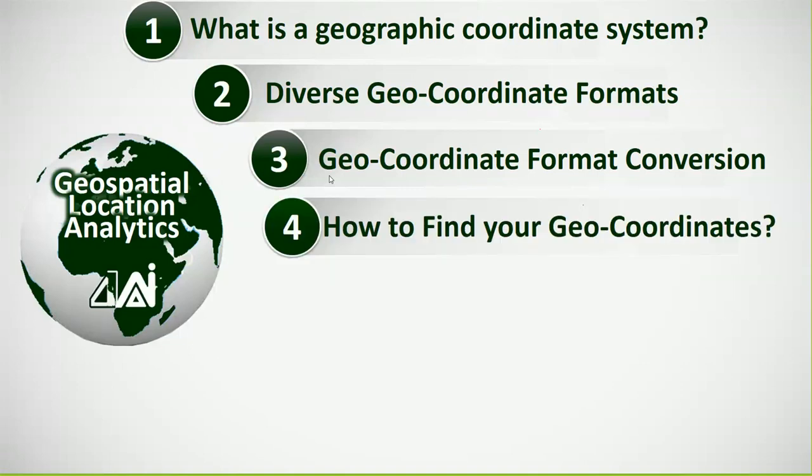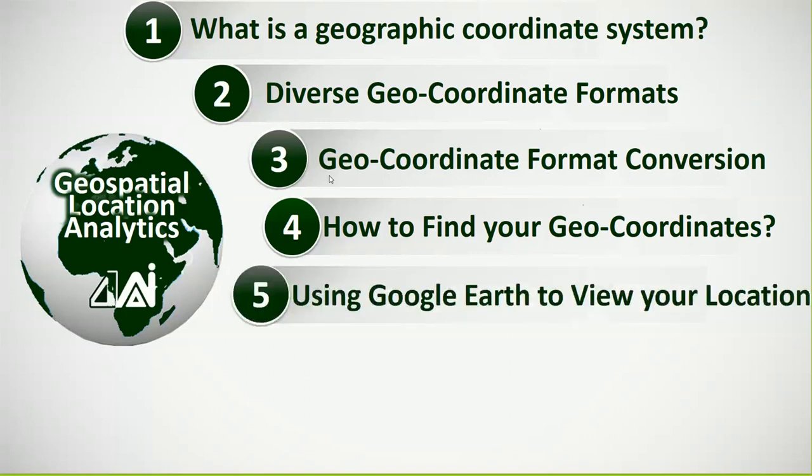How do you locate your coordinate? That is the number 4 thing we'll be looking at. Then using Google Earth to view your location. Actually, you can use a number of software and apps to view your location, but for the sake of this class, we'll be using Google Earth.